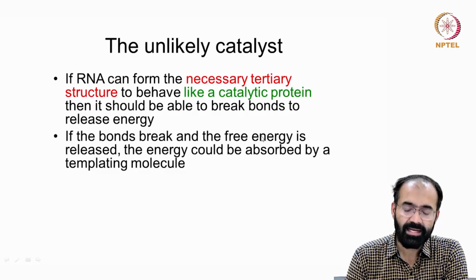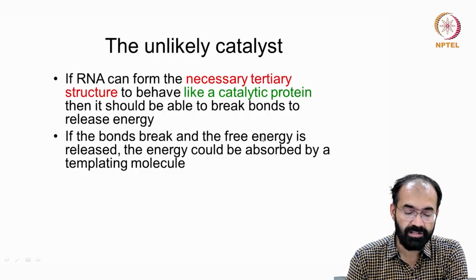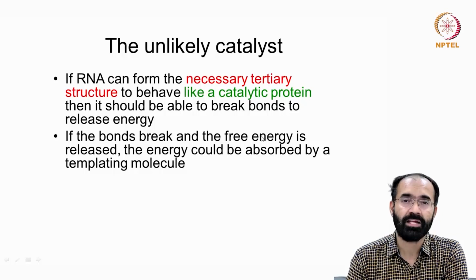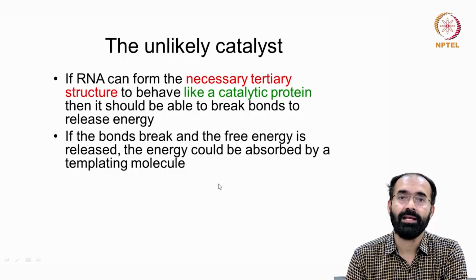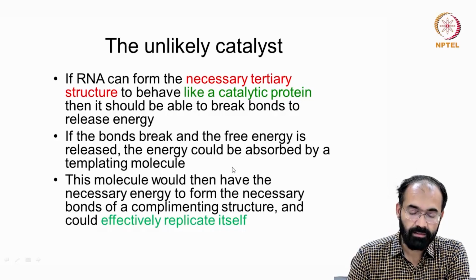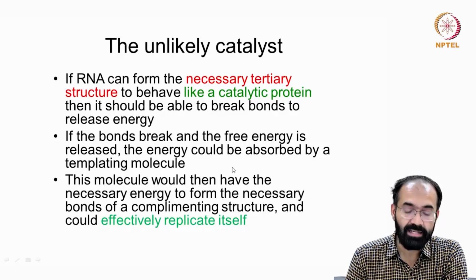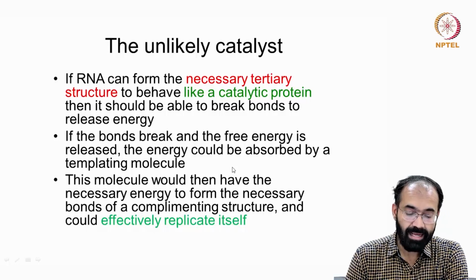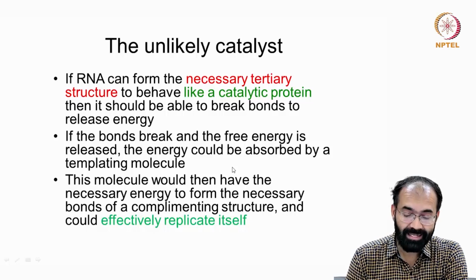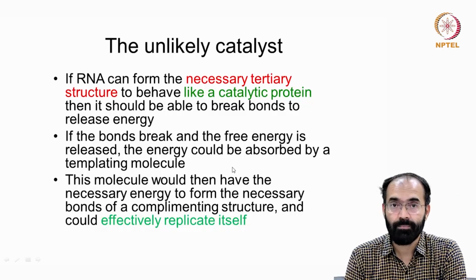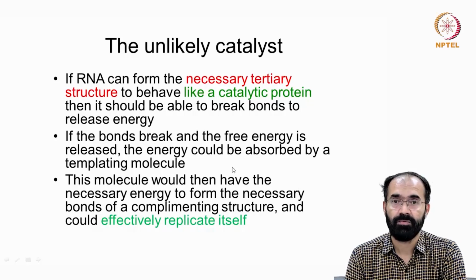If the bonds break, then the free energy is released and the energy could be absorbed by a templating molecule, because then a phosphodiester bond can be easily formed and a copy of itself can be made. So this molecule would have the necessary energy to form the necessary bonds and a complementing structure, and this could effectively end up replicating itself.